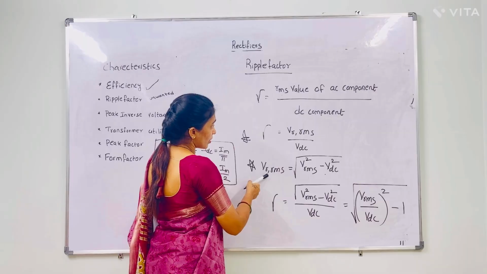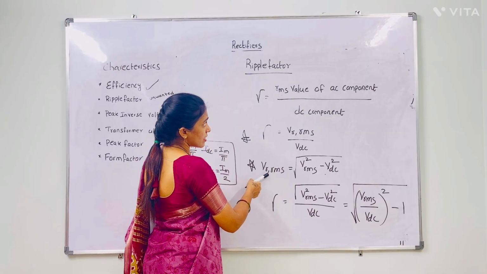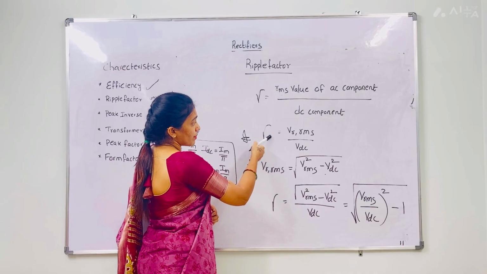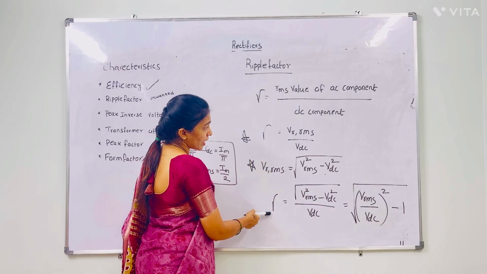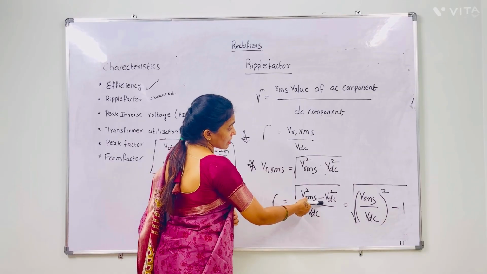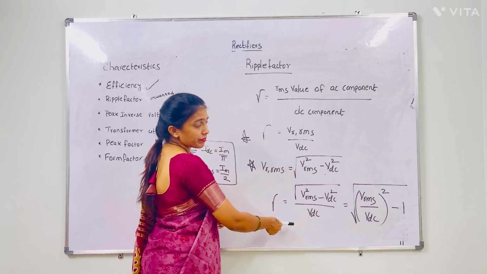Substitute this RMS value of the AC component, then gamma equals under root VRMS square minus VDC square by VDC.